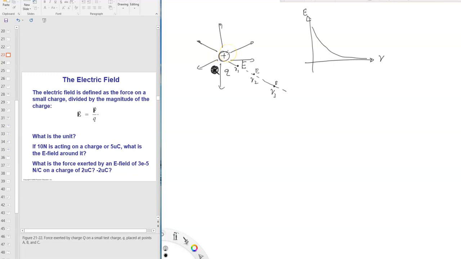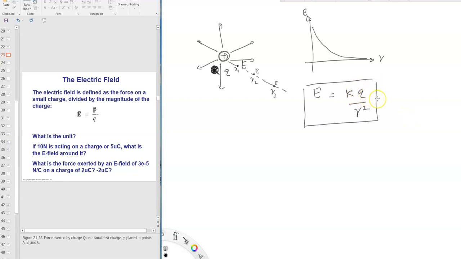We're trying to find the electric field created by this single charge. You bring a second one into the vicinity of this, we can find the force acting on it. But to find the electric field, we just need one charge, and the equation is given by KQ over R squared. You see that it has the same look as the Coulomb equation. The only difference is it's only one charge.